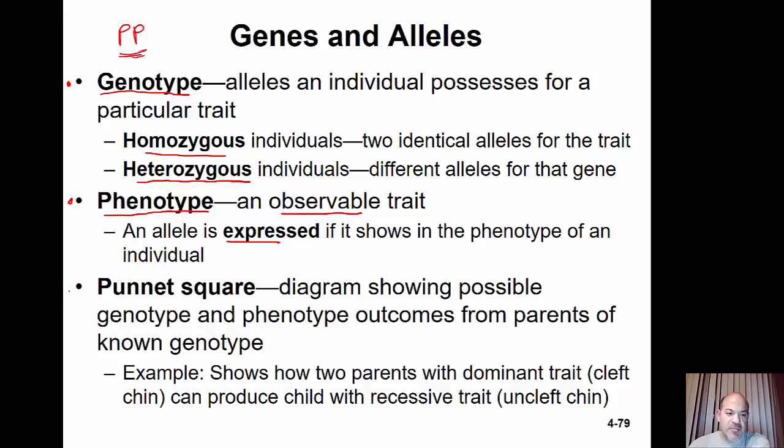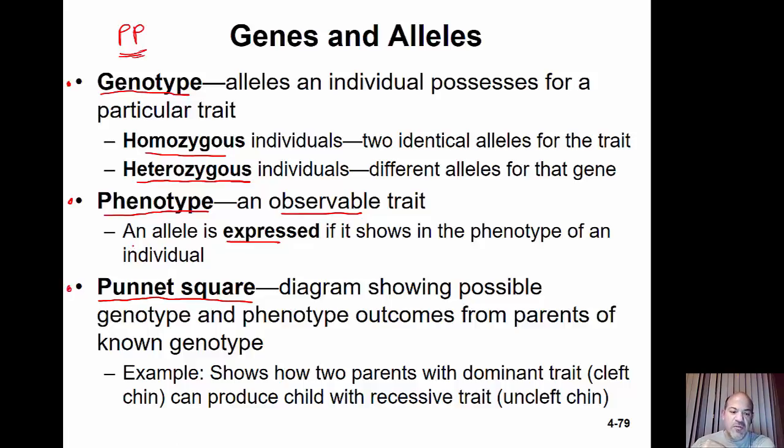Oftentimes, and I'm going to give an example here in a little bit, in order to analyze inheritance patterns and be able to make predictions, if you know the genotypes of parents when they produce offspring, when they mate, you can actually predict what the outcomes might be in terms of probability. So what are the chances of getting one genotype or even a phenotype once you know what their genotypes are.